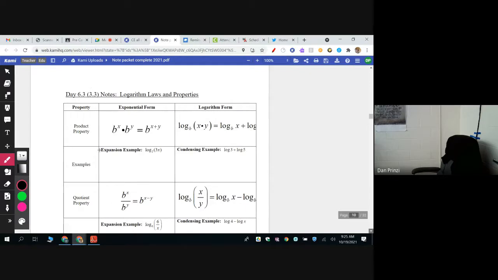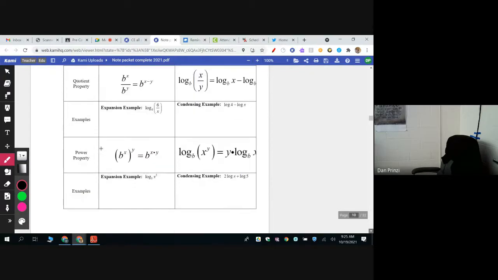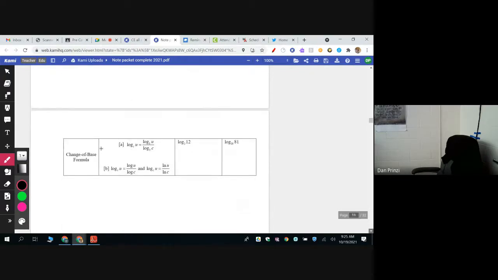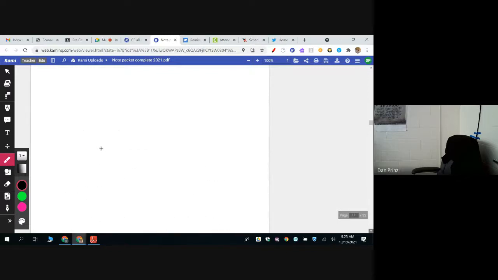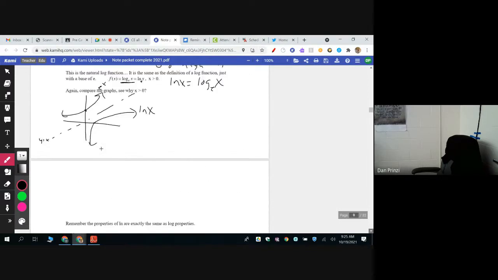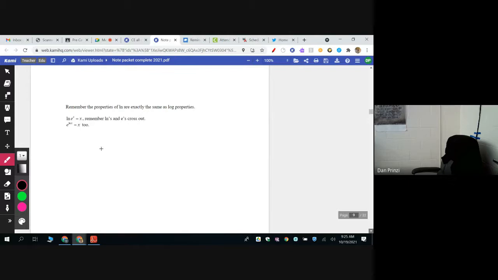But if you ever see one like this, ln's and e's kind of sort of cancel each other out. The natural log of e to the x is x. So for example, if they tell you what's the natural log of e to the 5th, the answer is just 5.